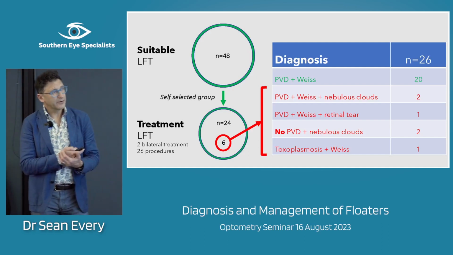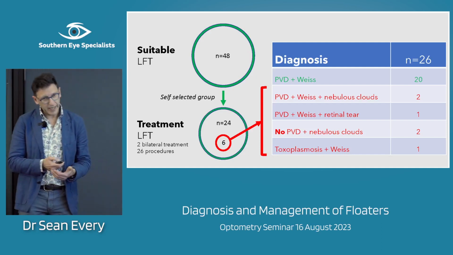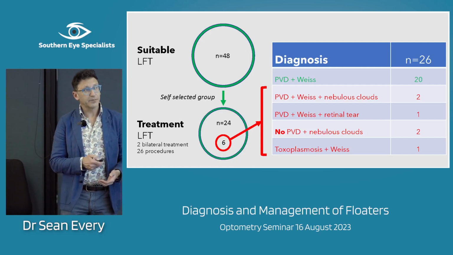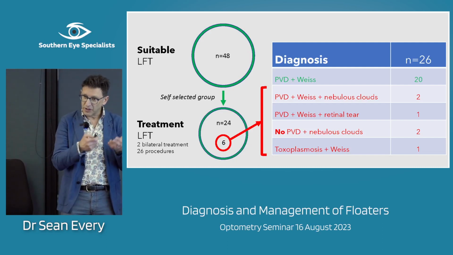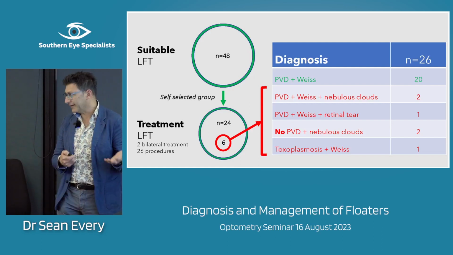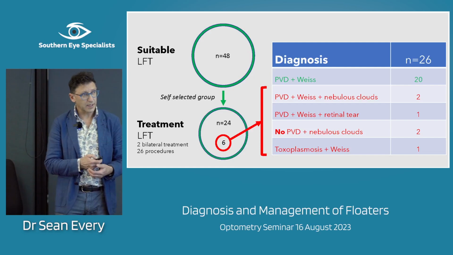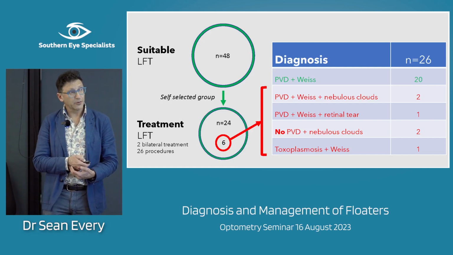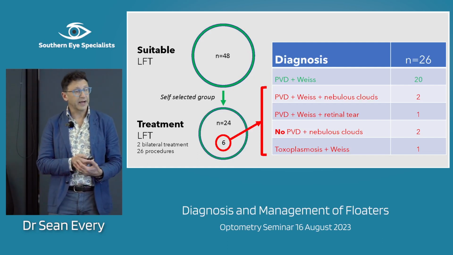So out of the original group of 125, I identified 48 people who I said to, I think you'd be a good candidate for YAG vitreolysis. Obviously no one has to have this procedure, and it's not funded by insurance companies at all. So a self-selected group of 24, half of the group, decided, yeah, I want to have this done.